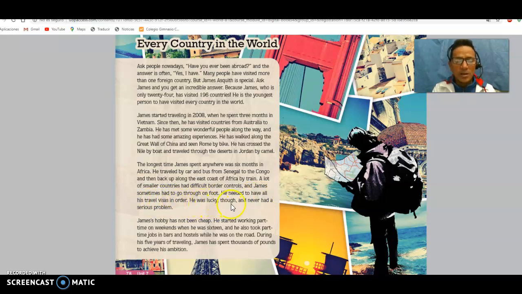He was lucky, though, and never had a serious problem. James' hobby has not been cheap. He started working part-time on weekends when he was 16, and he also took part-time jobs in bars and hostels while he was on the road. During his 5 years of traveling, James has spent thousands of pounds to achieve his ambition.